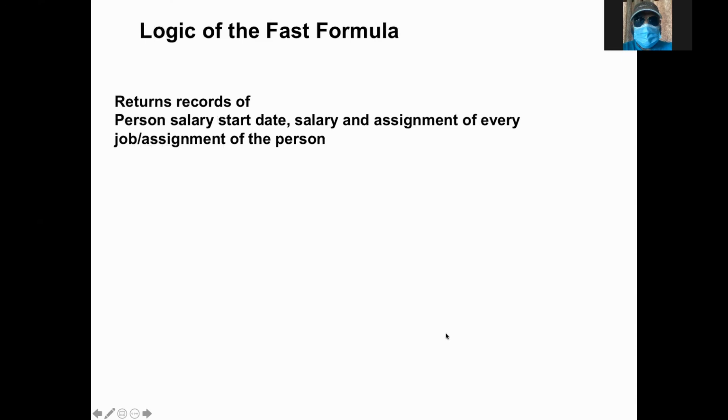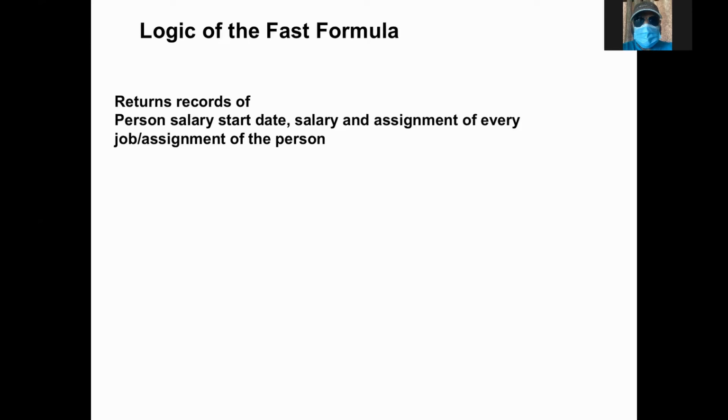Okay. What are we going to do today? Today we are going to write a fast formula. All the compensation fast formulas support array input values. Basically, it gives you all the assignment IDs for the person, so you don't have to depend on a DBA.